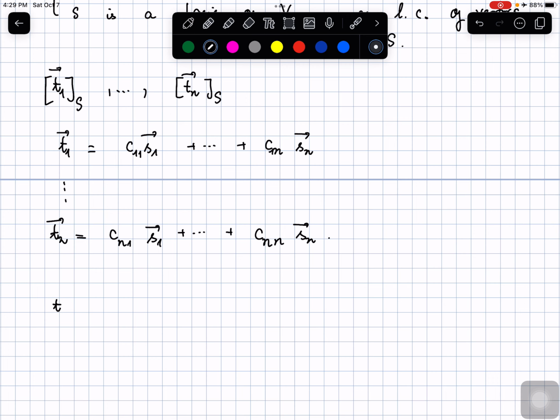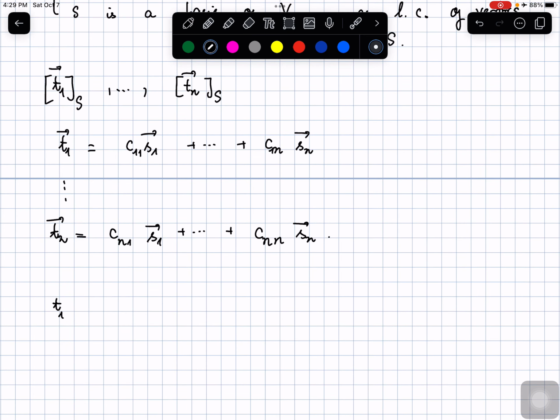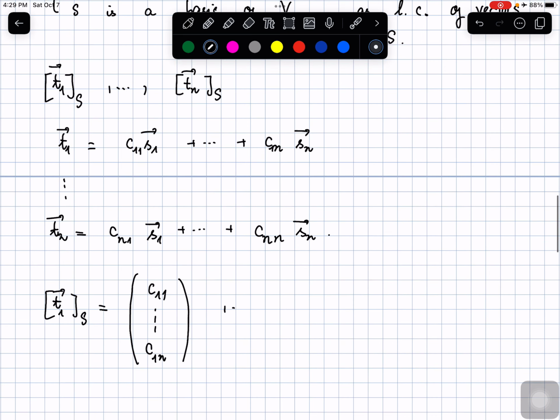Or in terms of coordinates, the coordinate of T1 in S is this vector C11 to C1n, and so on. Tn with respect to S has coordinates Cn1 to Cnn. Okay.